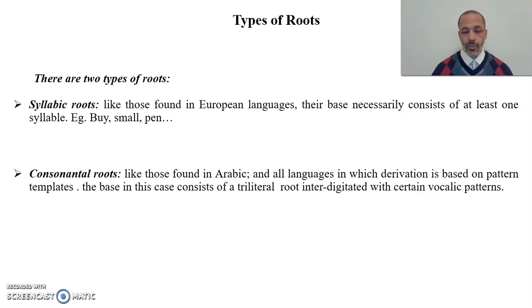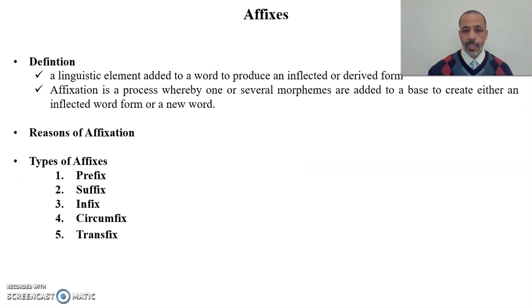This verb has no syllabic root. You cannot say that its root is ka, ta, and ba. No, its root is k, t, and b. Once you insert the vowels in the middle of these consonants, then you derive a new word. So kataba can become kutiba, kutubun, katibun, maktubun, and so on. That's why they are called consonantal roots.